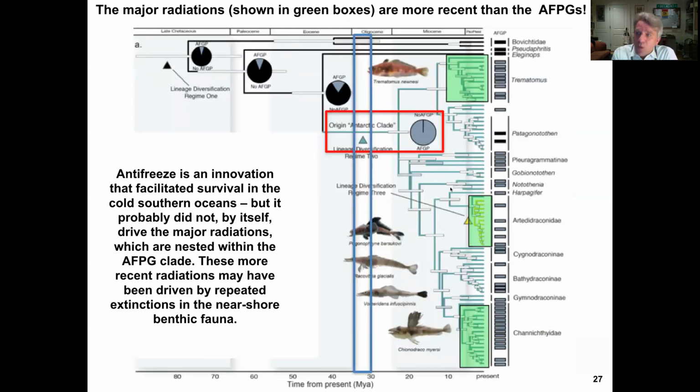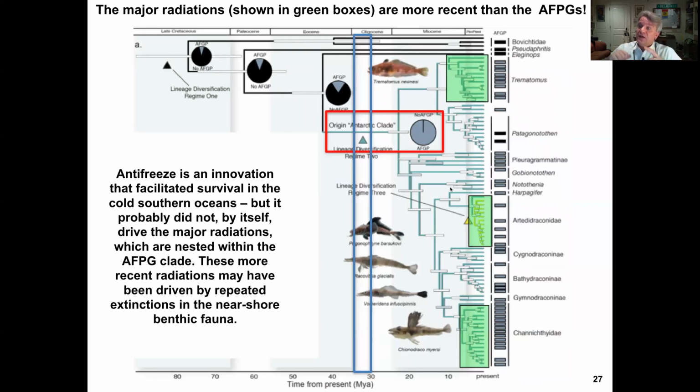What we know about the Southern Ocean prior to the onset of cold conditions, because of the fossil record, is that it had a very diverse and cosmopolitan fish fauna, meaning that there are many different lineages of fishes living there. However, today in the Southern Ocean, there's really only one lineage of fishes that occupy it, the notothenoids.